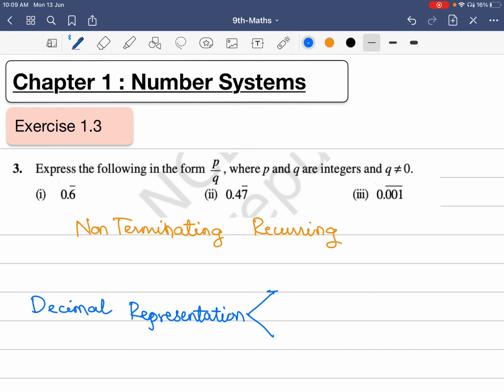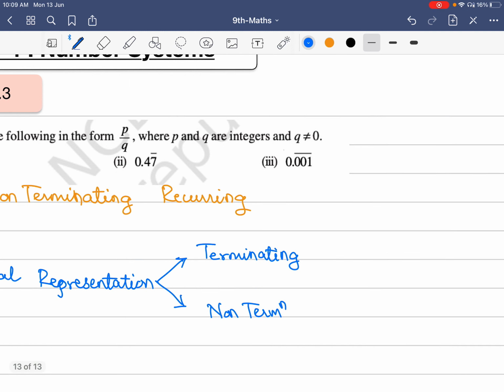One is terminating, where the decimal expansion terminates, and one is non-terminating. And in non-terminating, we again have two types. The decimal expansion is either recurring, recurring means repeating, or it is non-recurring. One of these two.